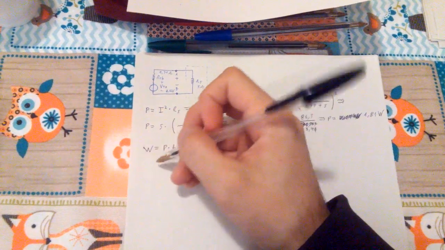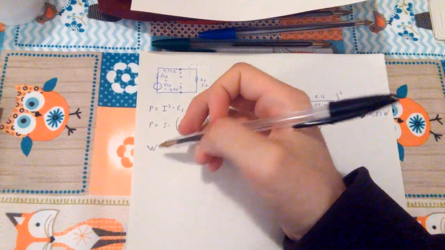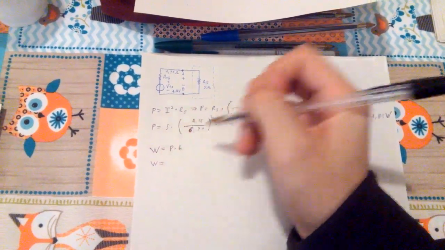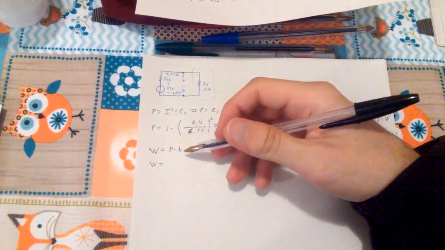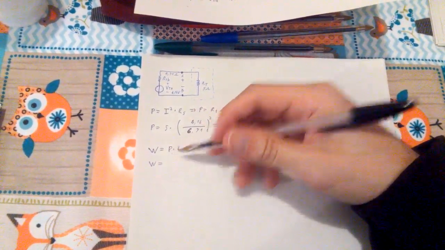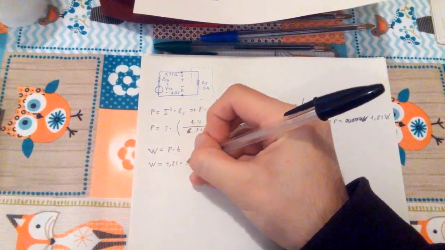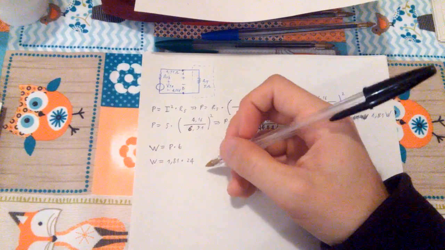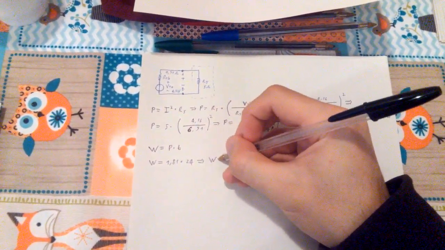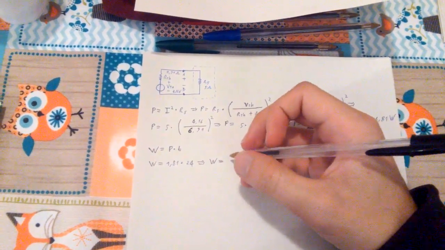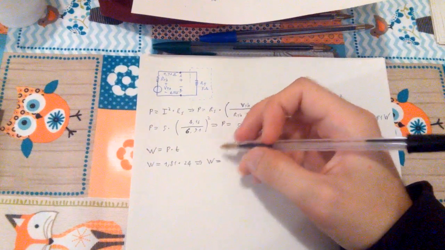I'm going to use watt-hours in this case. So I can just multiply 1.81 times 24, which is the amount of time we have been using this appliance.